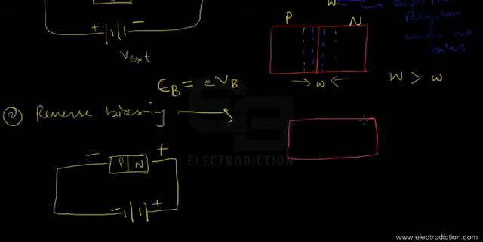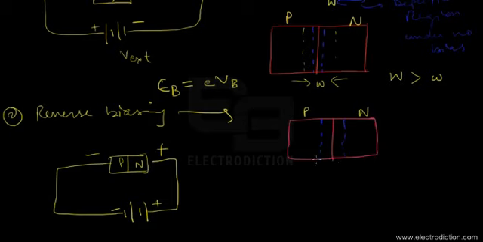So if this be the P-N junction diode which we're discussing about, then the depletion region, let this be the width of the depletion region under no bias condition.